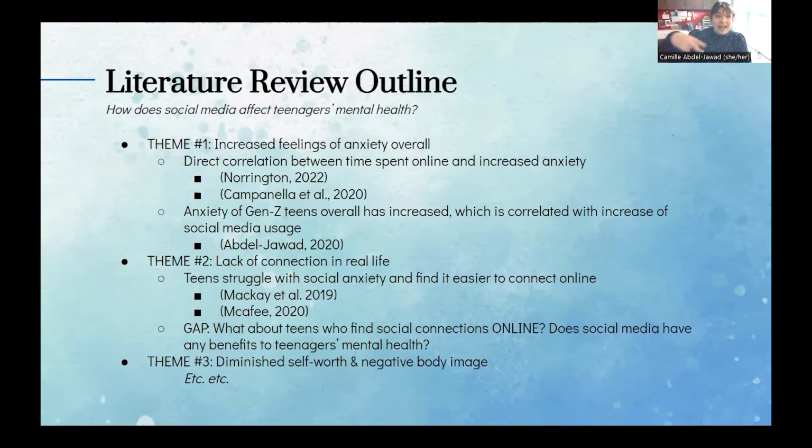Below that, I have the 2 sources that directly talk about this that I want to reference in my paper. Then I have another sub point under that umbrella of theme number 1: anxiety of Gen Z teens overall has increased, which is correlated with increased social media usage. Apparently I wrote that, right? We're going to point to another source underneath this one.